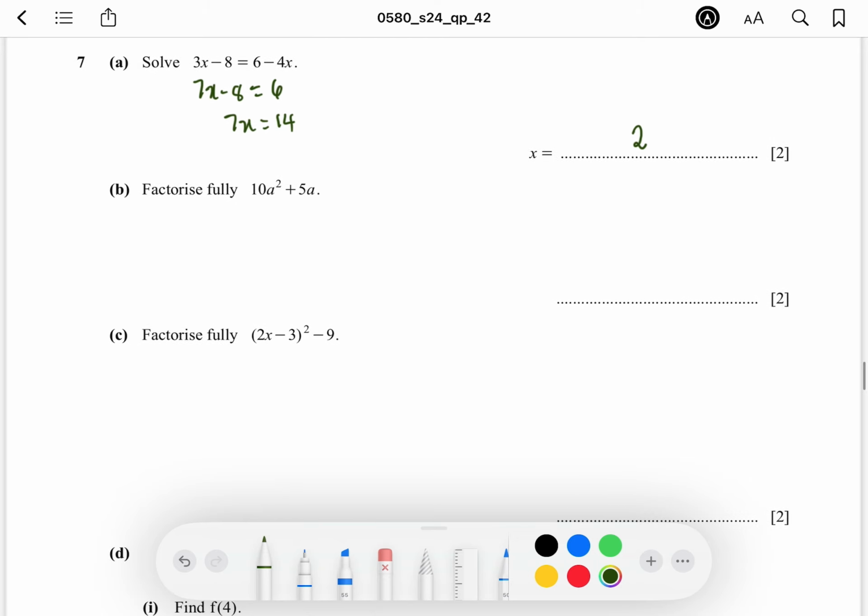Okay. Next one. Again. When it says factorize fully, definitely something that you need to recheck balik your working kalau it seems too easy. Okay?